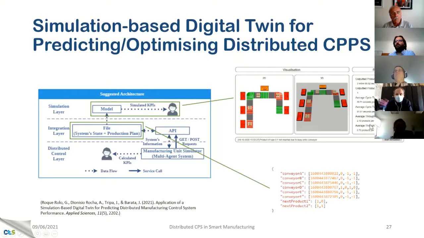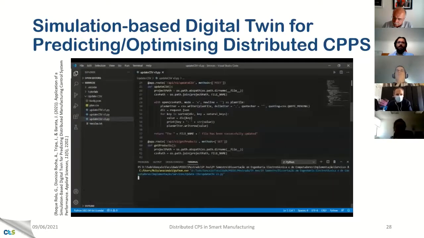The production plan is at 50%, etc. This was just the first approach we did. We had very interesting results, and on top of this development, it's possible to start.